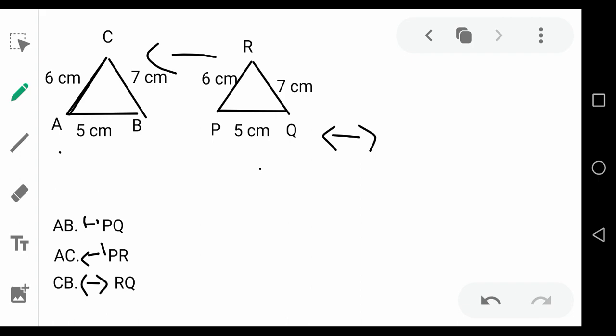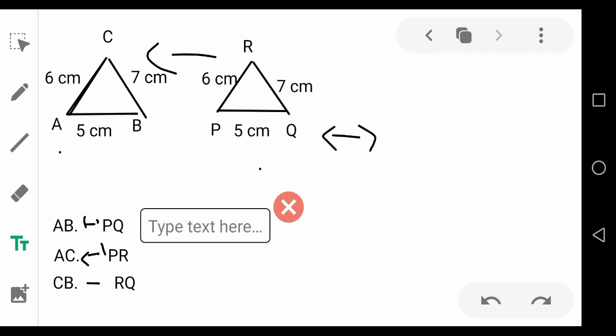Now if you are talking about vertices, which two vertices will overlap? You know, A and P will overlap, B and Q will overlap, C and R will overlap. Okay. So how will you write it? I'll write it here.